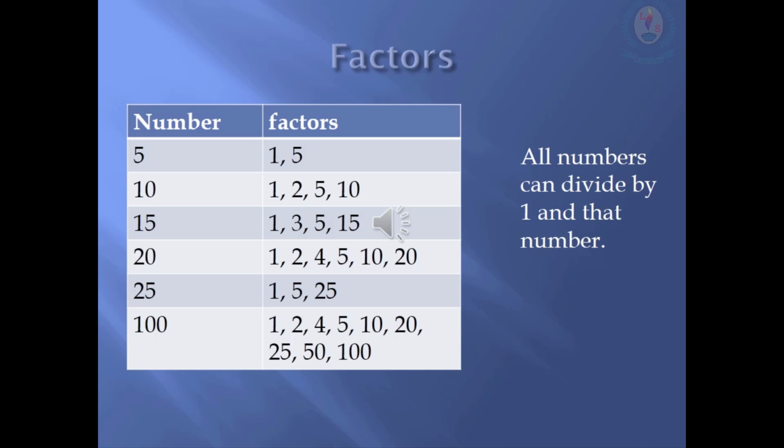As well as, the factors of 100 are 1, 2, 4, 5, 10, 20, 25, 50 and 100. All numbers can be divided by 1 and that number. Here you can clearly identify that all numbers can be divided by 1 and that number.